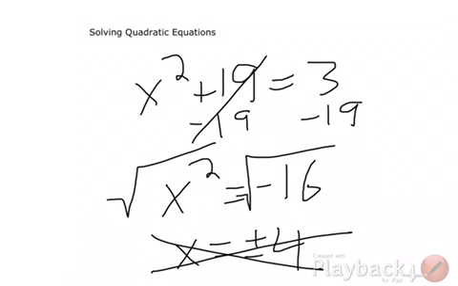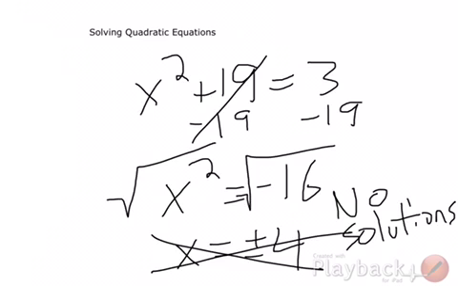So if you're trying to take the square root of a negative number, you actually need more advanced mathematics that we're not going to quite get into in this course, and it will involve using imaginary numbers. So look forward to that in future courses. So when you have something like this, there are actually no solutions. No solutions.